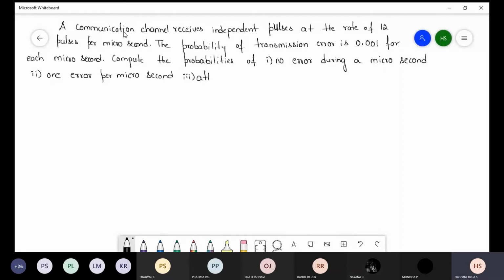Third one, at least one error per microsecond. Fourth one, two errors. Fifth one, at most two errors.